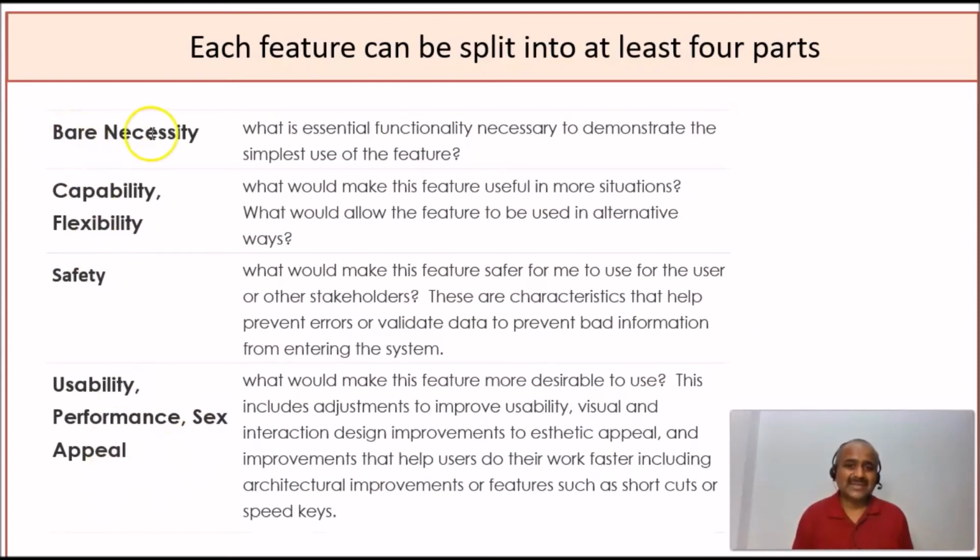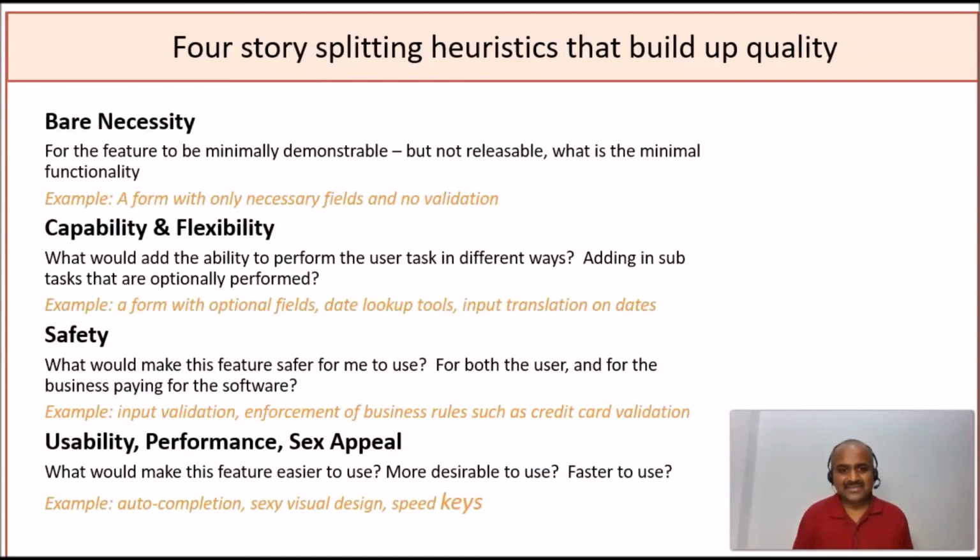So bare necessity means the essential functionality necessary to demonstrate the simplest use of a feature. For example, a form with only necessary fields and no validation, that's a bare necessity. So next is capability and flexibility.